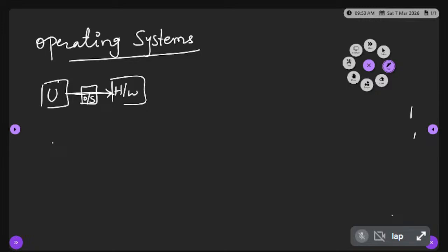Yes, the printer is connected. Now we need to wake up the printer, telling it that your task has started, just wake up and do this job. That third party, we can say, is an interface called the operating system.